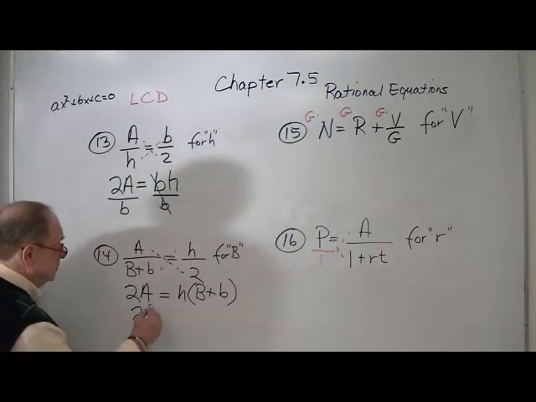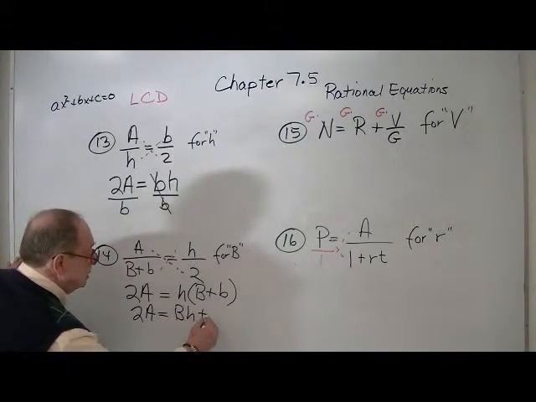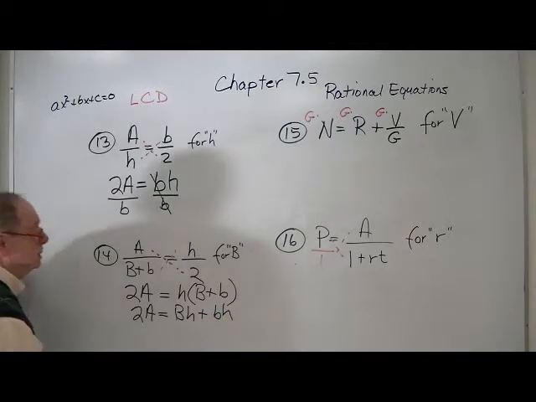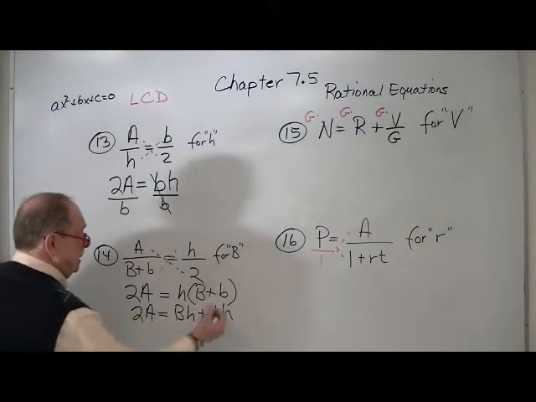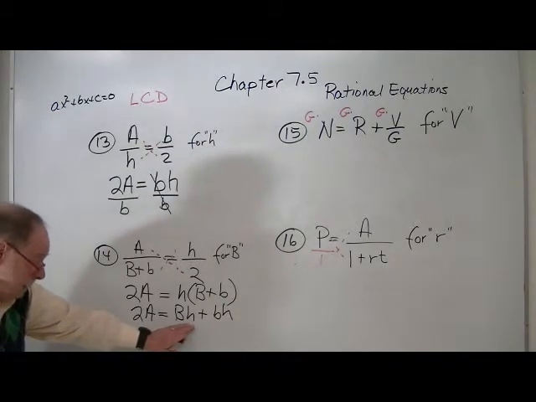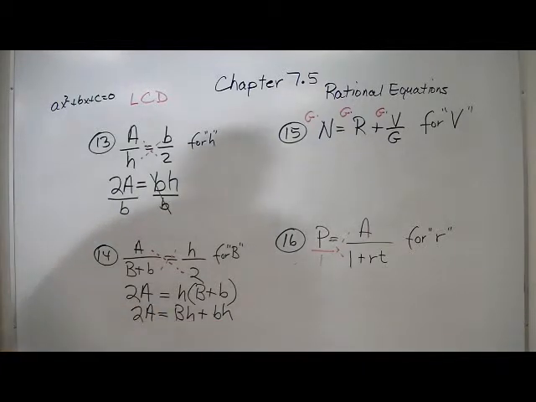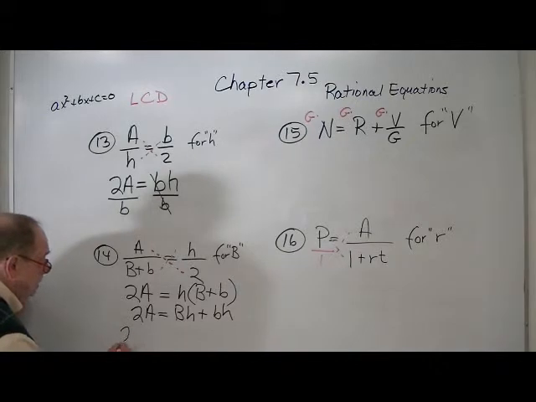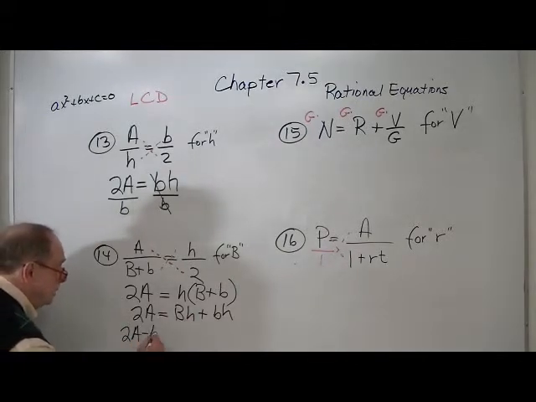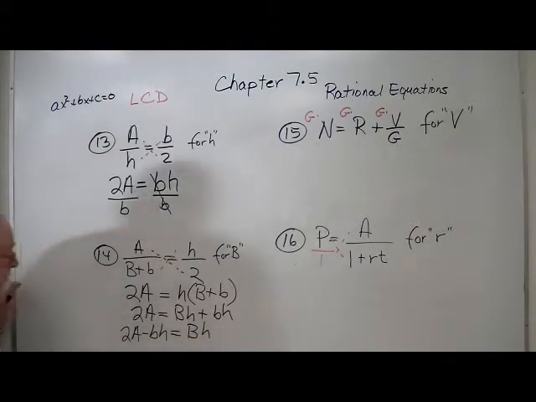So this is going to be 2a equals bh plus lowercase b h. And we want the capital B. So there's my capital B in a single term. We want to get this term then on the other side, so we transpose it. 2a, bring it over to this side, becomes a negative bh equals capital BH.